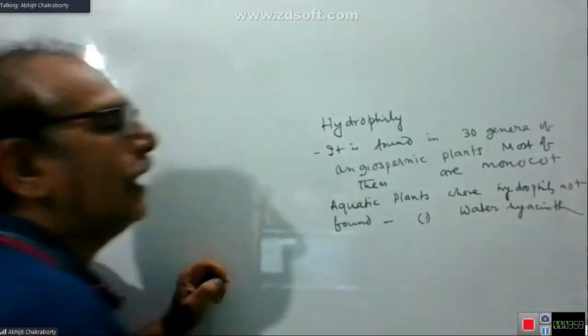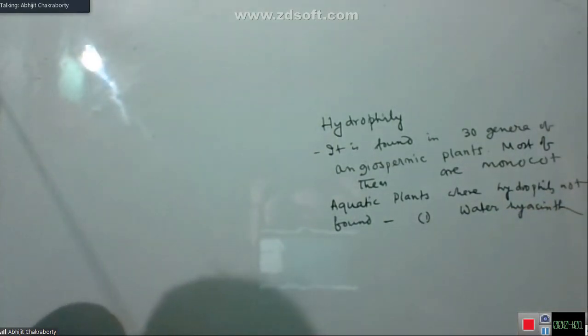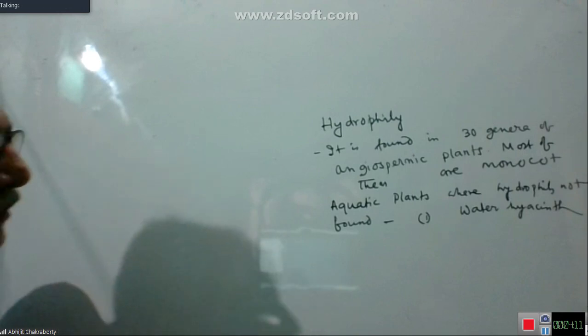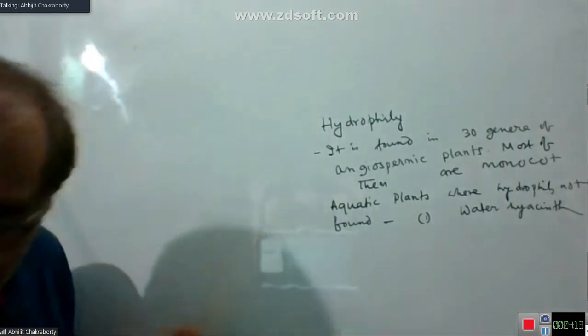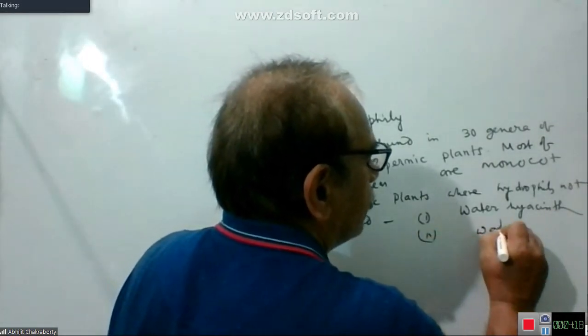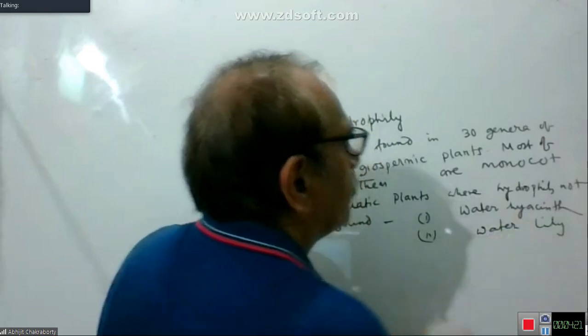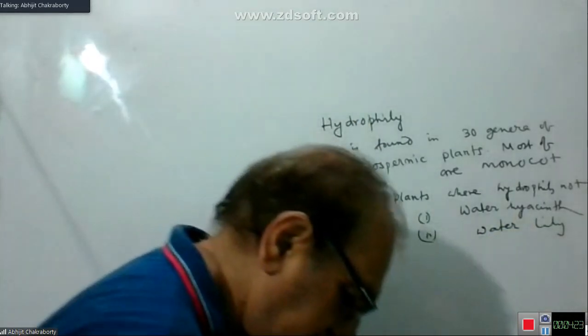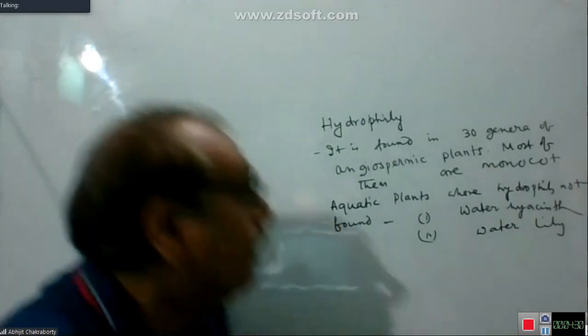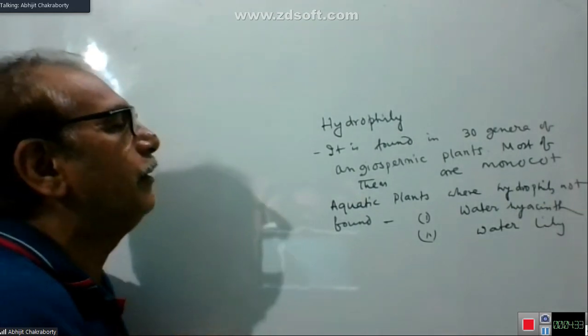Common ones are water hyacinth, I think you know what is water hyacinth, and the second one, Pistia or water lily. In them, zoophily is found.